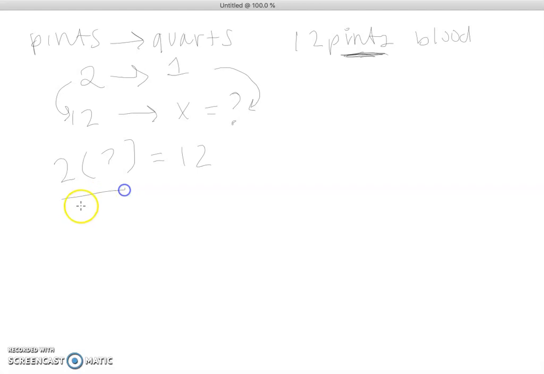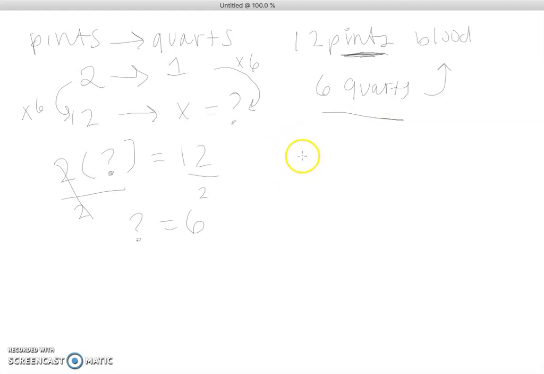All you do is divide by 2 right here, and so the question mark is 6. That means there's 6 quarts, because if this is times 6, this is times 6. 6 quarts of blood. That's the answer.